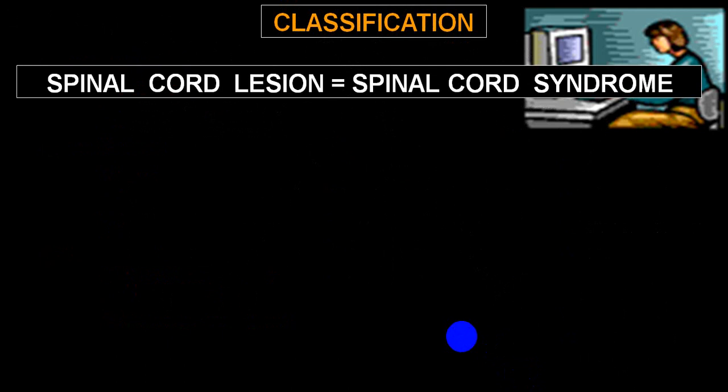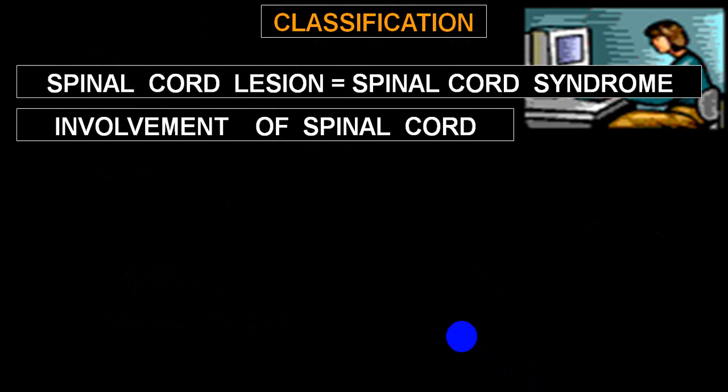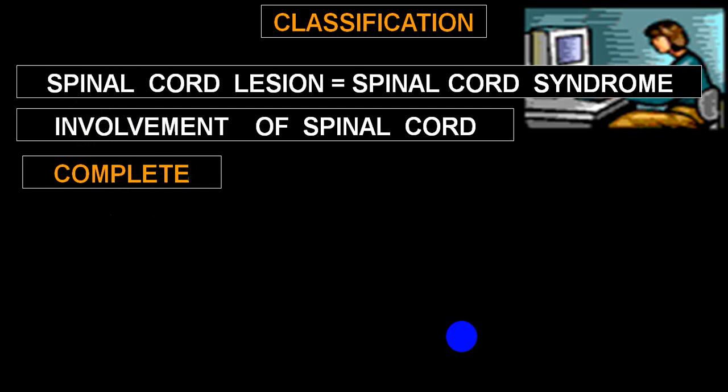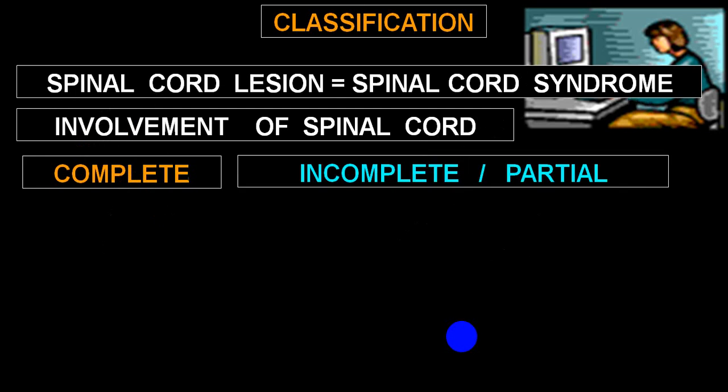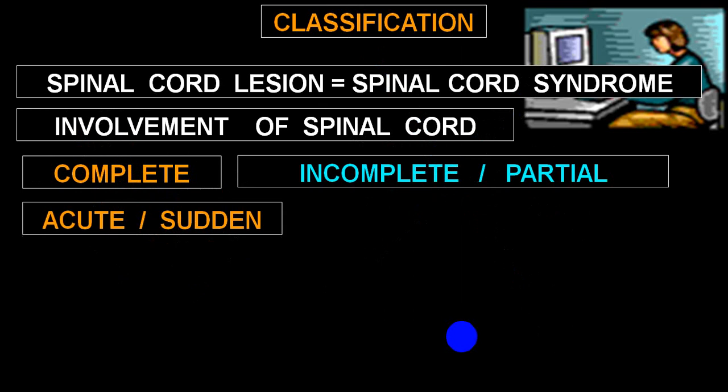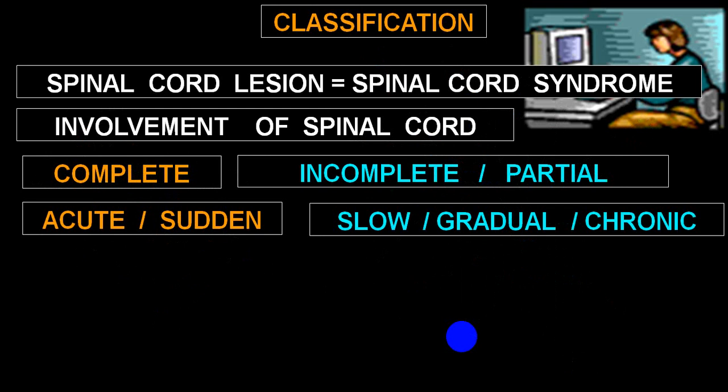So we divide spinal cord lesions into different groups, and those are even given a name, spinal cord syndromes. Involvement of the spinal cord will be a spinal cord lesion, or spinal cord syndrome, which can be complete or incomplete, or partial. Complete lesions can be acute, sudden onset or abrupt onset.